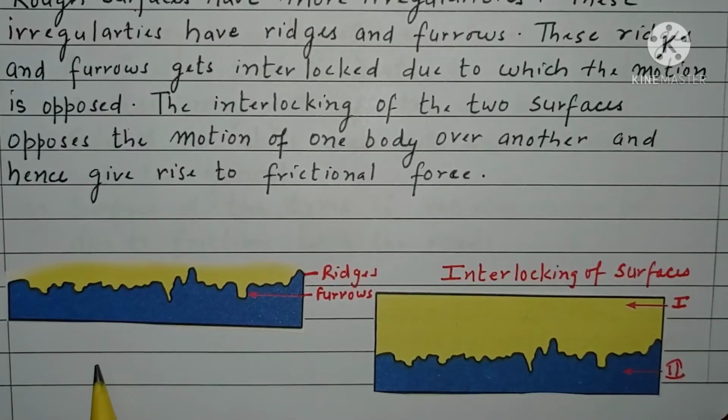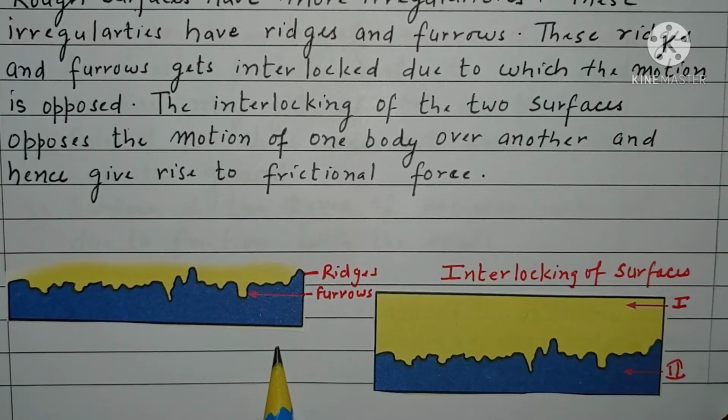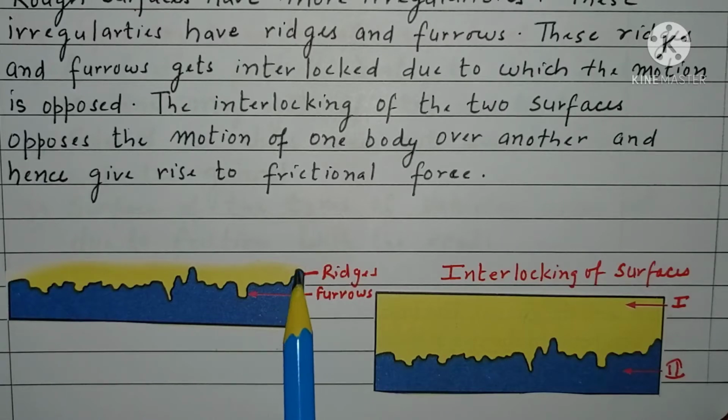Students, all surfaces, whether rough or smooth, have irregularities on them. But as you know, a rough surface has more irregularities. These irregularities have ridges and furrows. The deeper ones are the furrows and the elevated ones are the ridges.